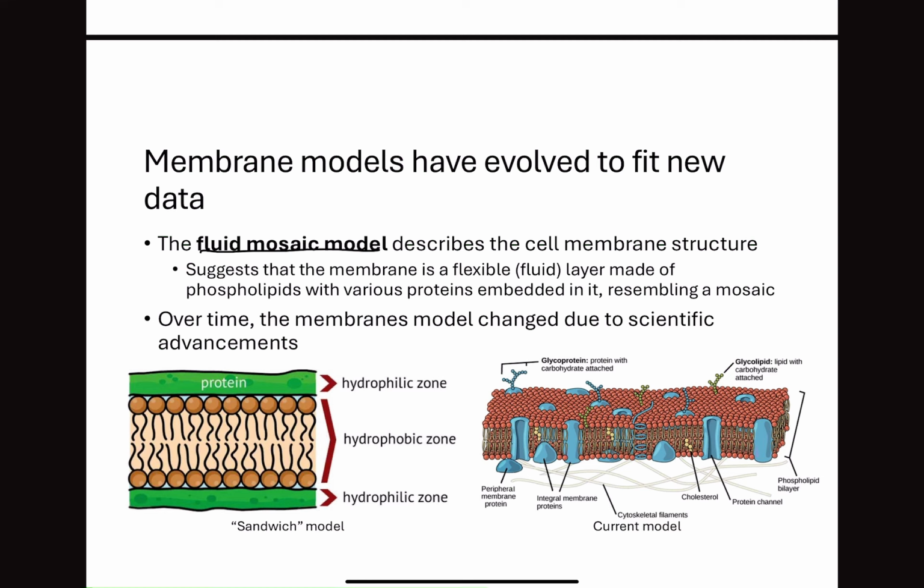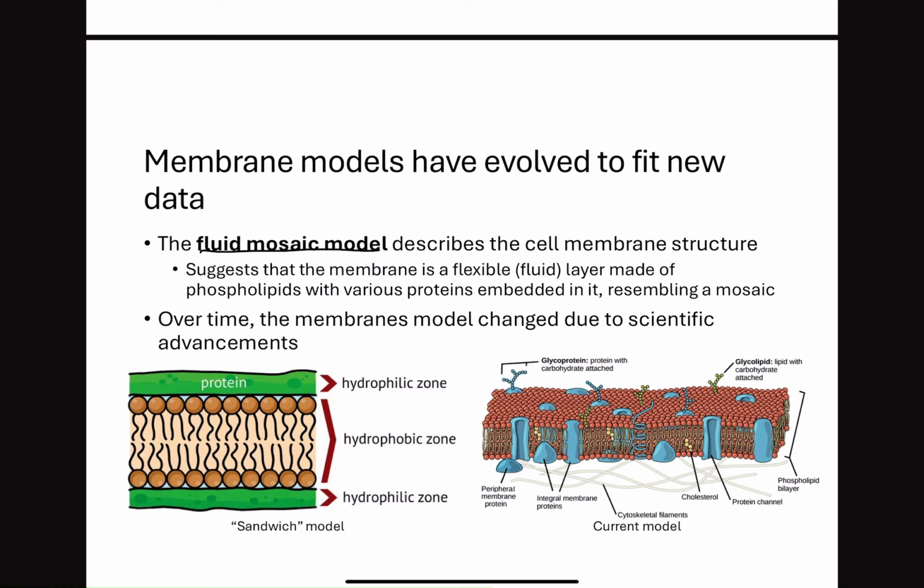And then 10 years later, in 1925, two scientists reasoned that our cell membranes must be phospholipid bilayers, arranged in such a way that the hydrophobic fatty acid tails were sheltered from the water. Meanwhile, our hydrophilic phosphate groups interact with water.